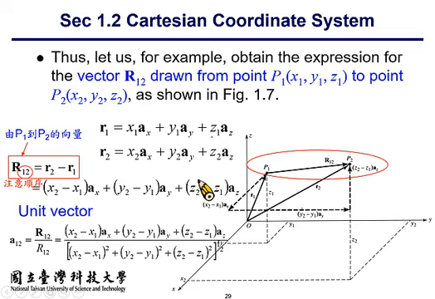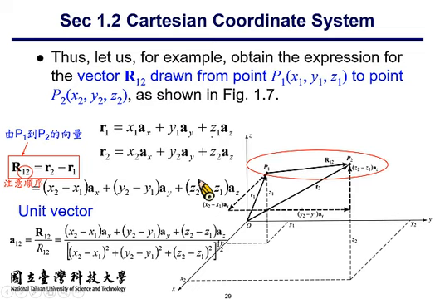to position 2. It can be written as R2 minus R1. What are R1 and R2? Well, R1 is the vector starting from the origin and ending at position 1, while R2 is another vector starting from the origin and ending at position 2. So if you draw the 3 vectors in a 3-dimensional space, here's point 1, and here's point 2.